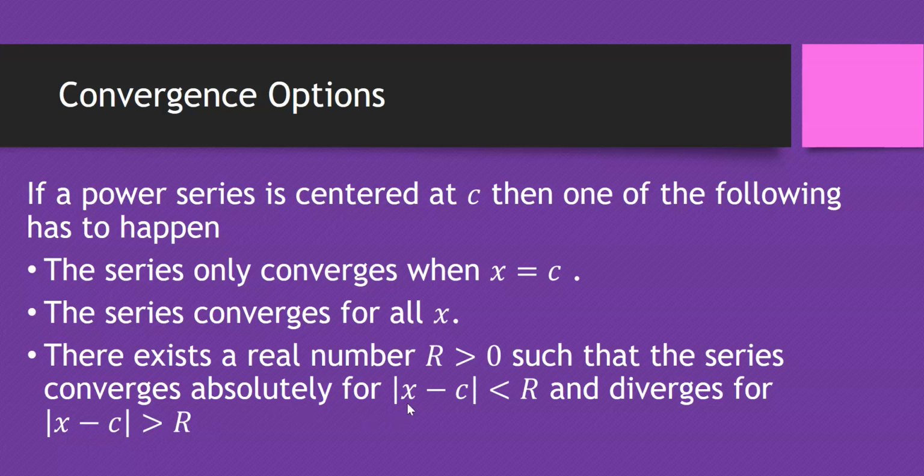So this is essentially saying that when x is close to c, it converges, and when x is far away from c, the infinite series diverges.